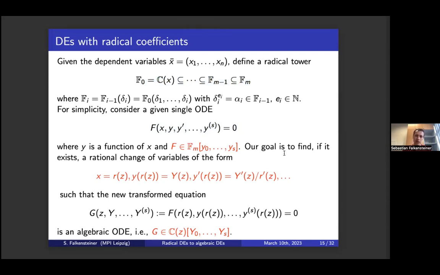And we want to find a change of variables, x equals R of z, and all the other things are changed accordingly, such that the transformed equation is algebraic. So it can be written in this way. So here, the coefficients are rational, or polynomial if you want, in the coefficient set now.